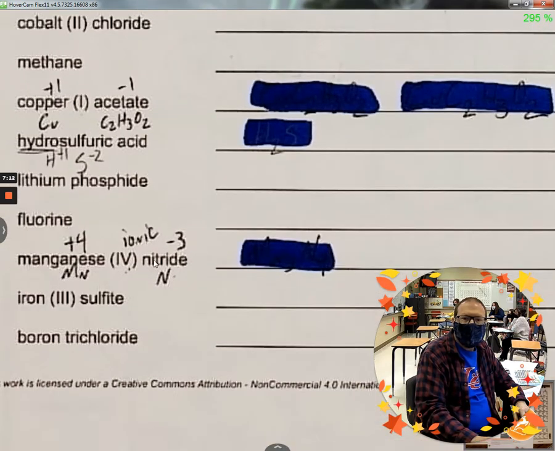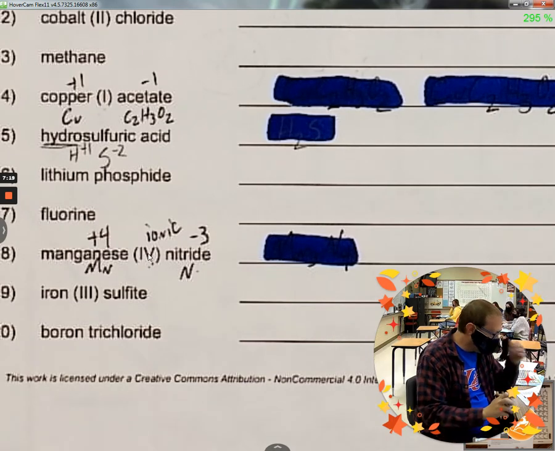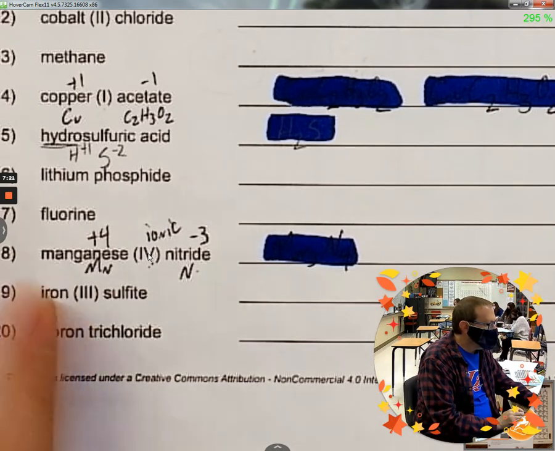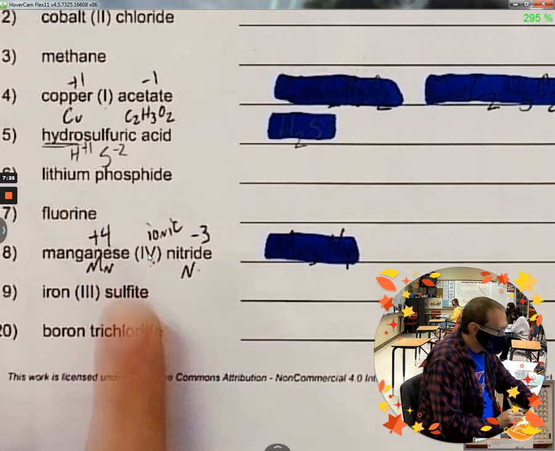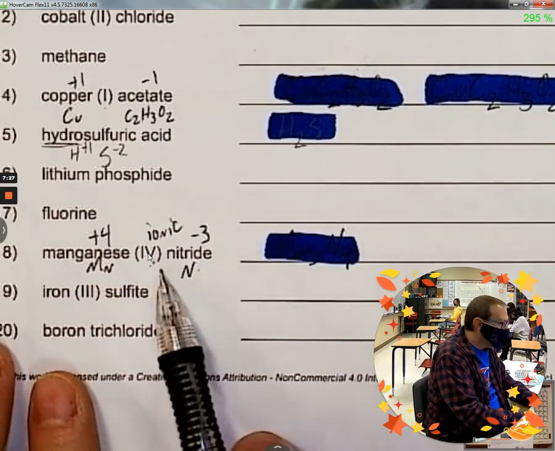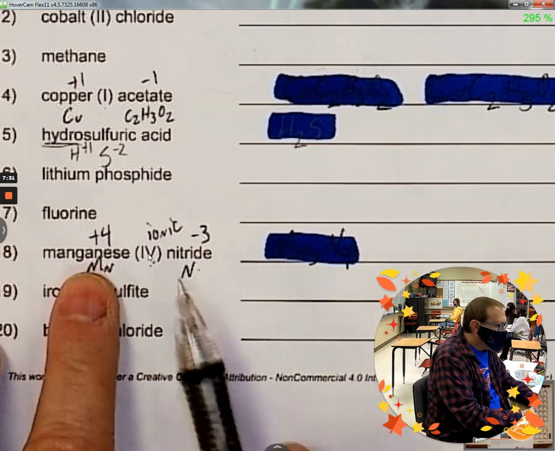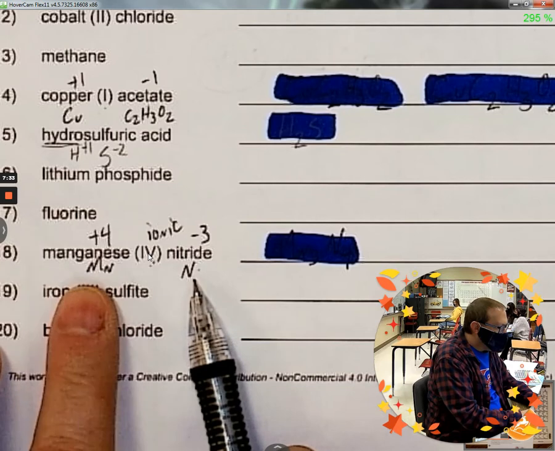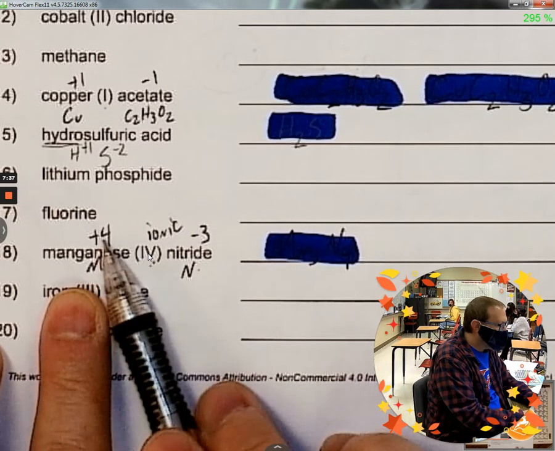Okay. Manganese, Roman numeral 4, nitride. So here, we can see 2 things. 1, manganese is a metal. 2, we've got a Roman numeral. We know this is going to be ionic. So here, I've got to go find my 2 ions. This one, I don't need to look up the charge on because it gives it to me in the name.